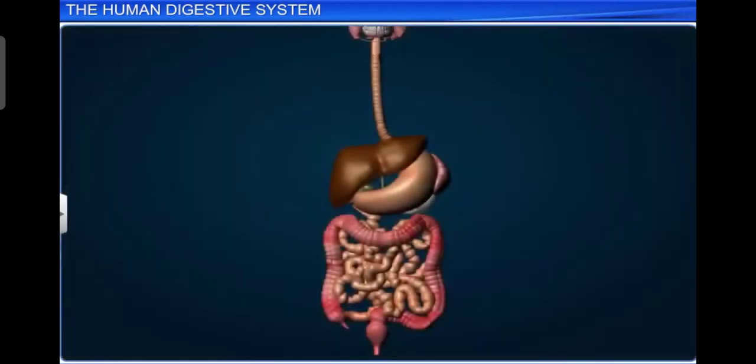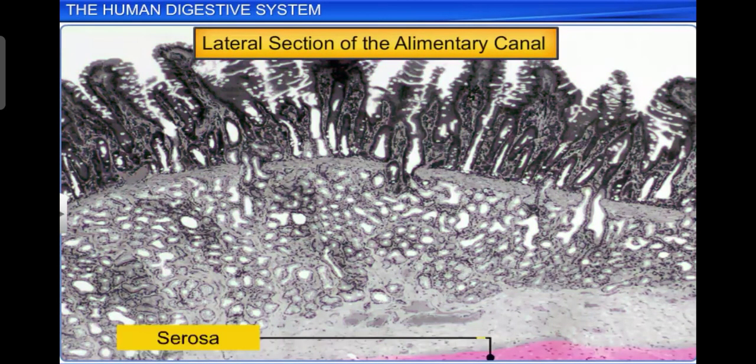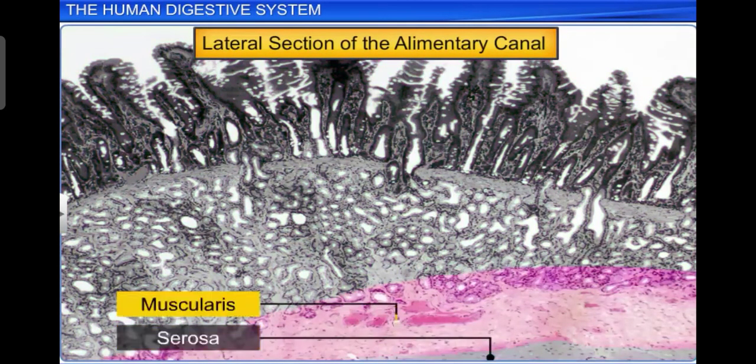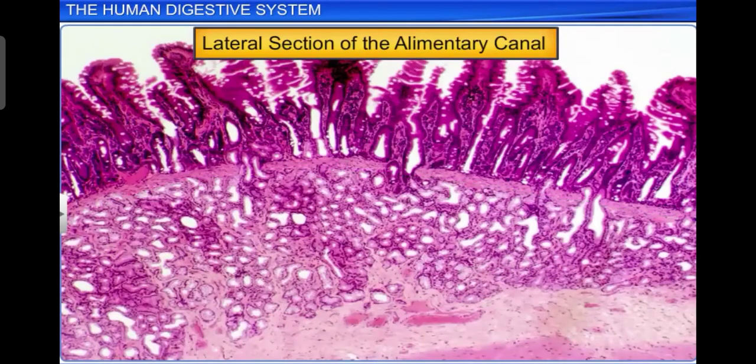The wall of the alimentary canal from the esophagus to the rectum possesses four layers, namely serosa, muscularis, submucosa, and mucosa. So there are four layers of the alimentary canal.